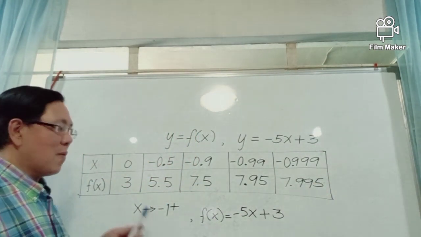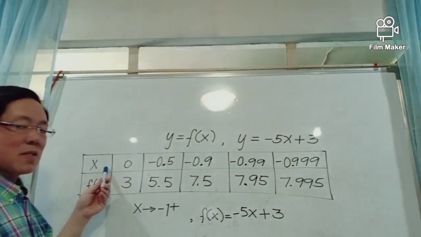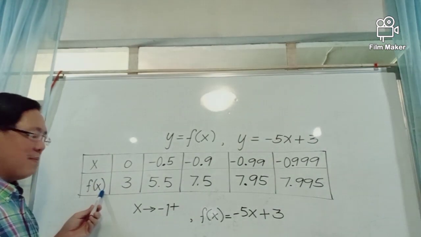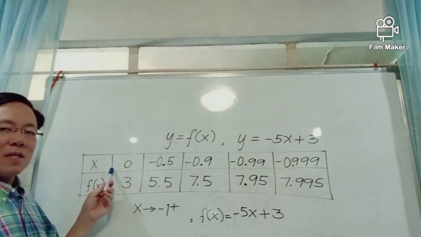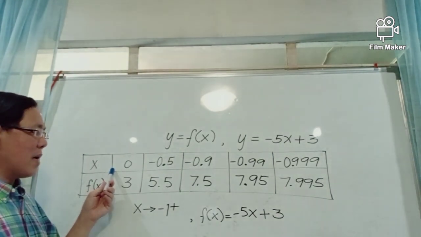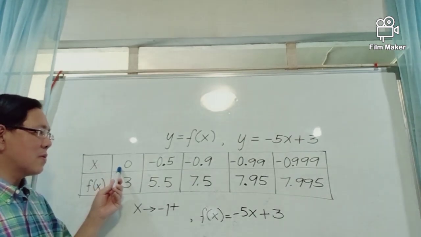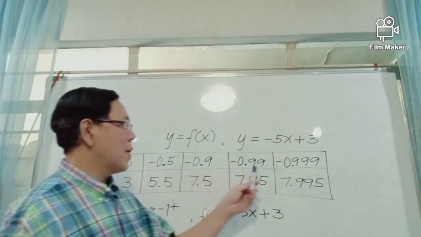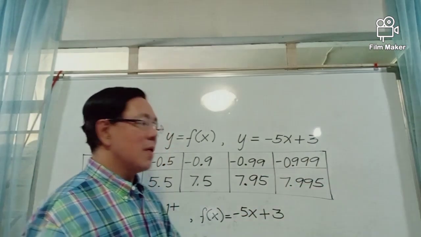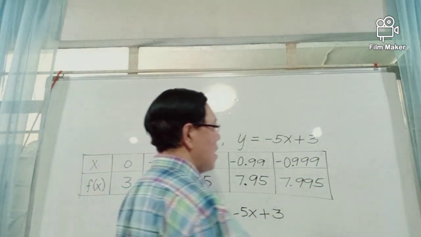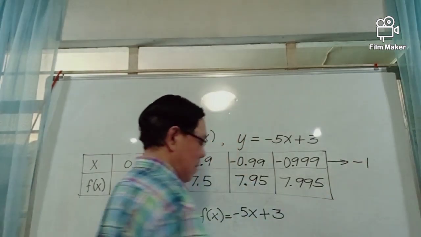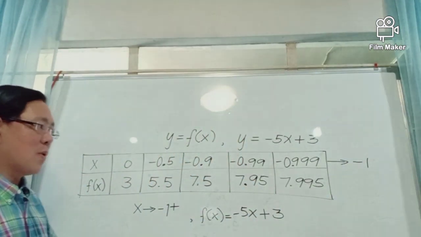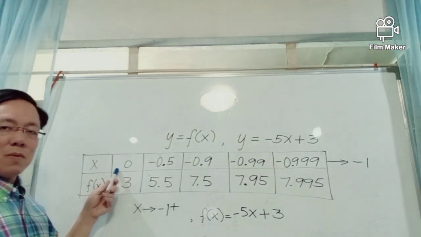By inspection of this table of values for x and values for the function f of x, you can see that as the values of x get closer and closer to negative 1, the values of x are approaching negative 1 from the right of negative 1, from 0.